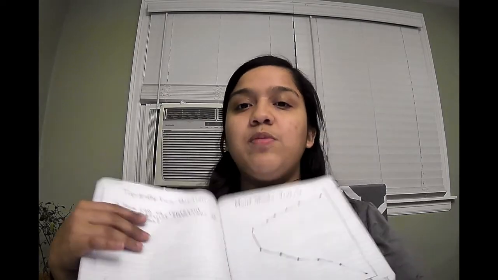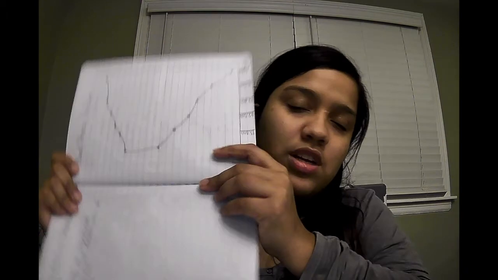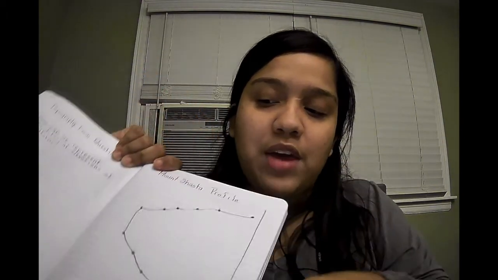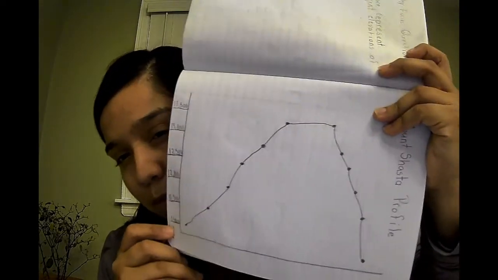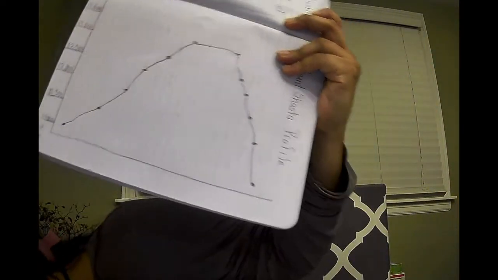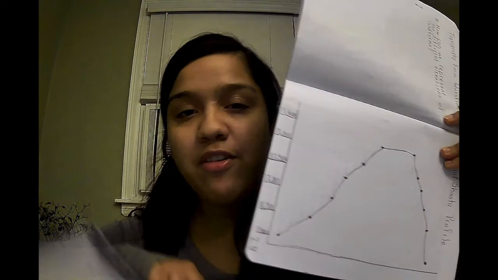For our profile map, next page is page 23, where we answered our focus question. And then on page 24, some of my friends drew our profile, and some of my friends had the worksheet for page 24.